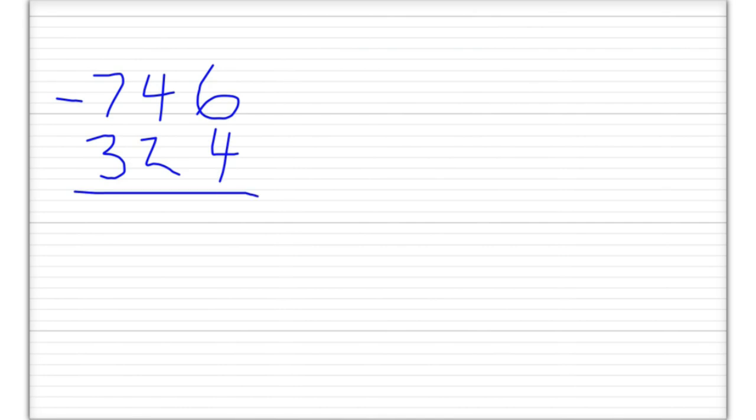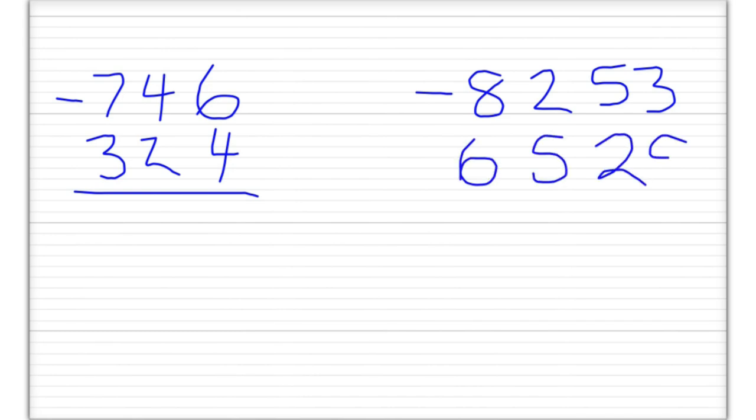To get started, we'll look at some simple subtraction problems, then some long division problems, and then we'll get into the binary division. To start with, I'll put two simple subtraction problems up here. 746 take away 324, and also a bigger number, 8,253 take away 6,529.